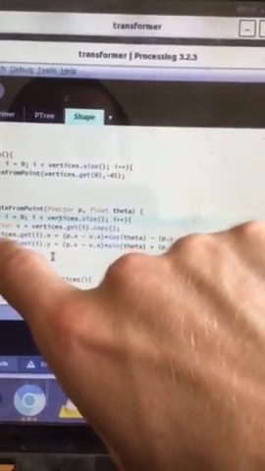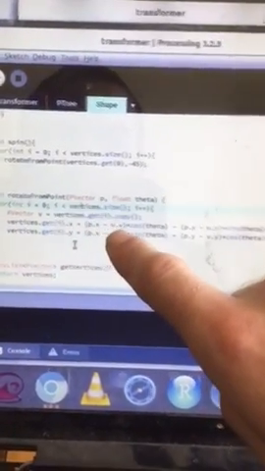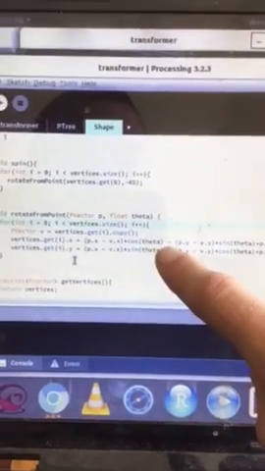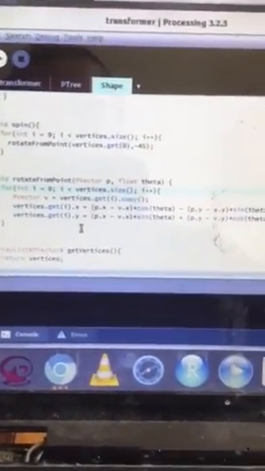But here I get the actual vertex, the x coordinate, and I apply this formula I learned from the first fractal book I mentioned.